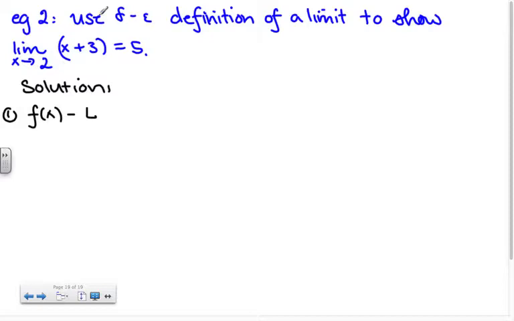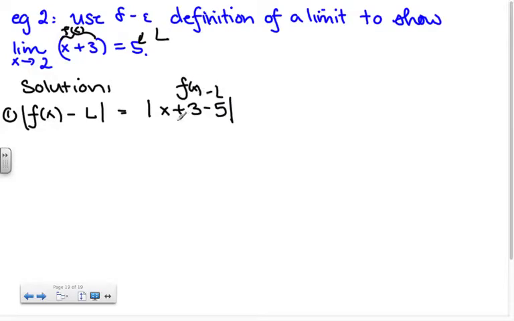Everybody see that portion? So we set up this absolute value. We define this to be our limit, and we define this to be our f of x. So it's going to be the absolute value of x plus 3 minus 5. That's f of x, and that's L.